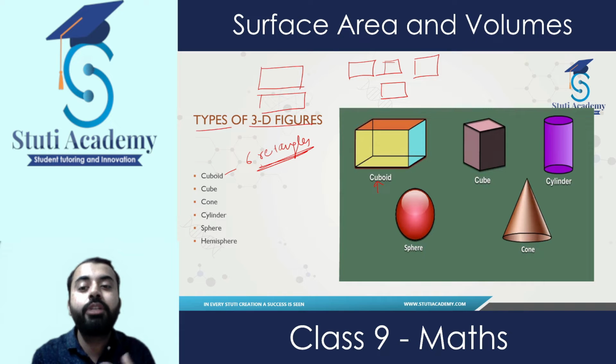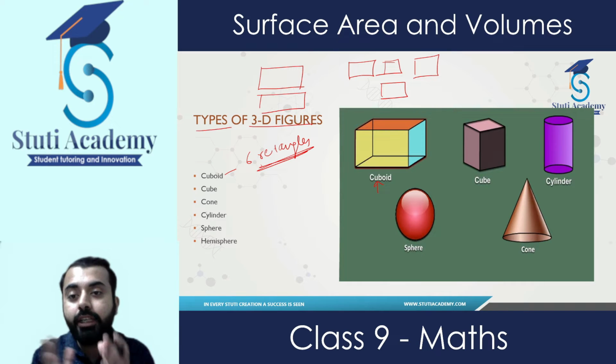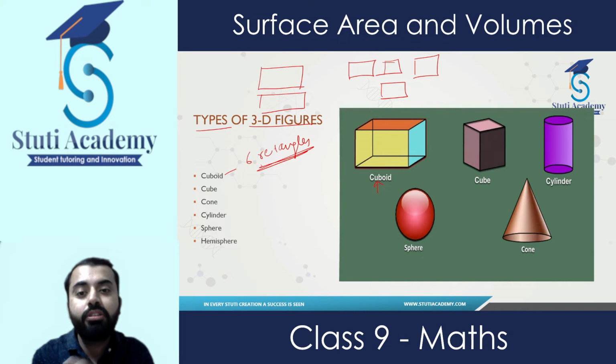I'm trying to tell you, if you take two rectangles which are congruent to each other, take another two which are congruent to each other but not to the first ones, and take another two which are not congruent to the before ones, and you join those figures as per their opposite faces, that's what it means.